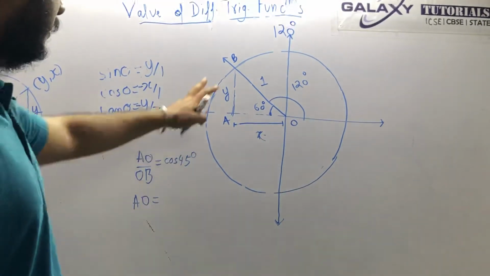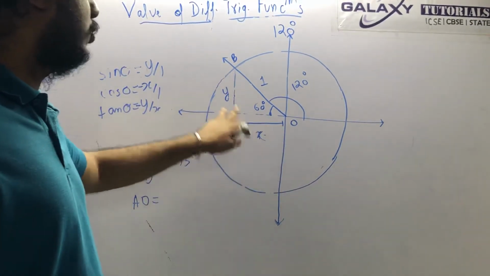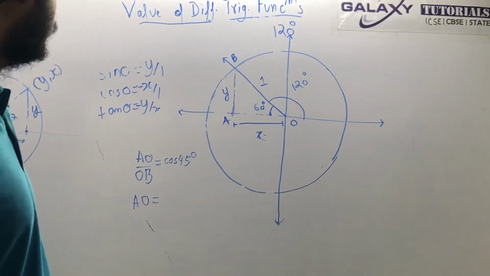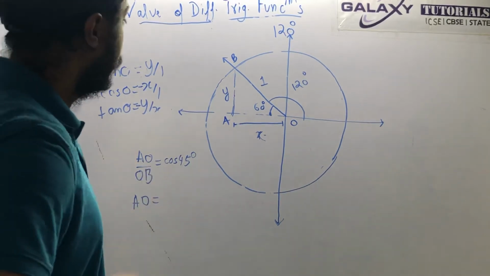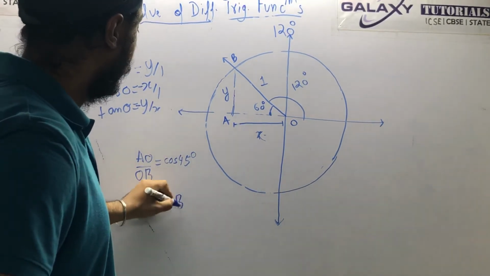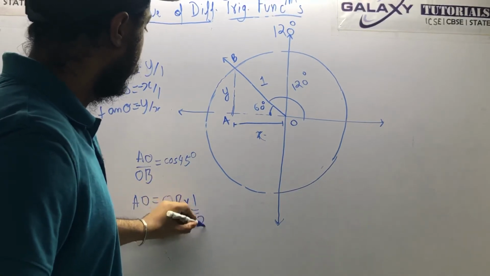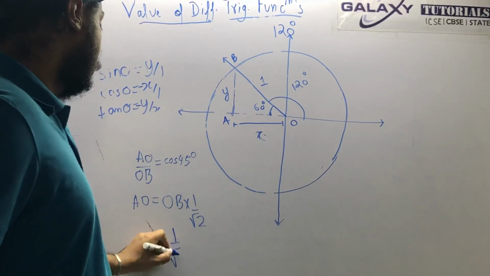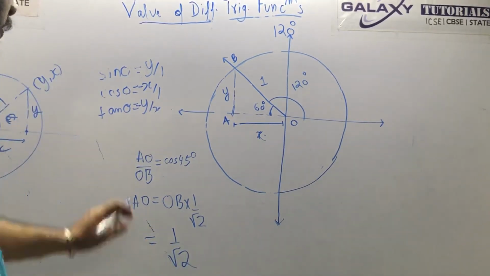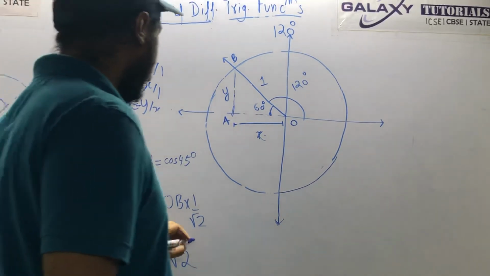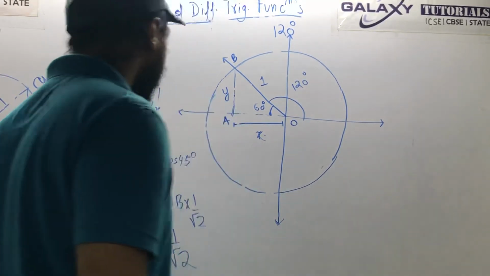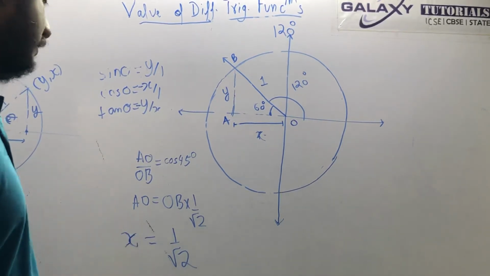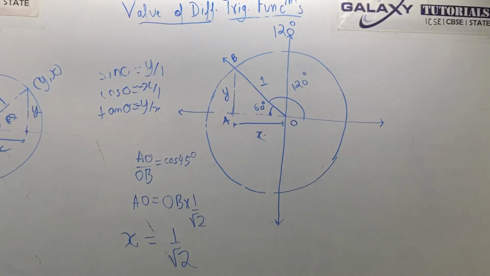I am assuming this to be a triangle and finding the value of x and y. We will include the sign later on. So AO is equal to OB into 1 by root 2. OB is 1, so AO comes out to be 1 by root 2. In other words, this will be the value of x. I will include the negative sign later, don't worry, it is negative.